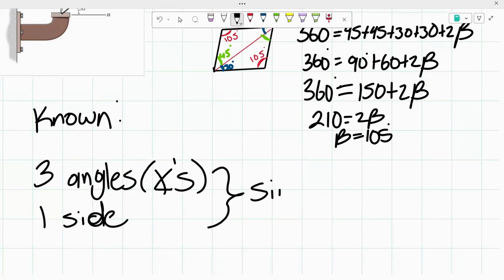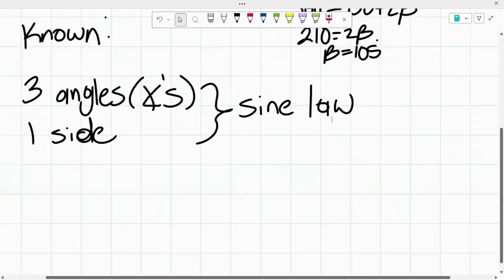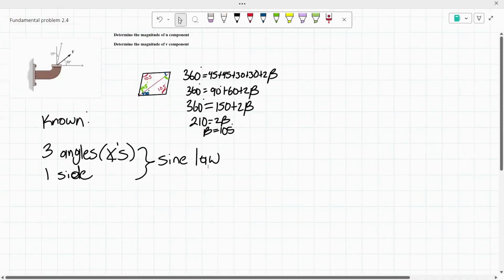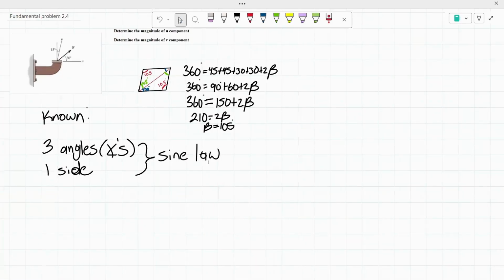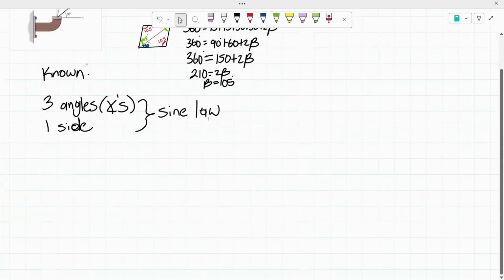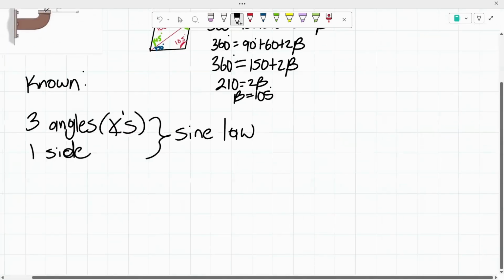We could use the sine law. So we're going to use the sine law to help us find the magnitude of the components u and v. Which one do we have to solve for first?